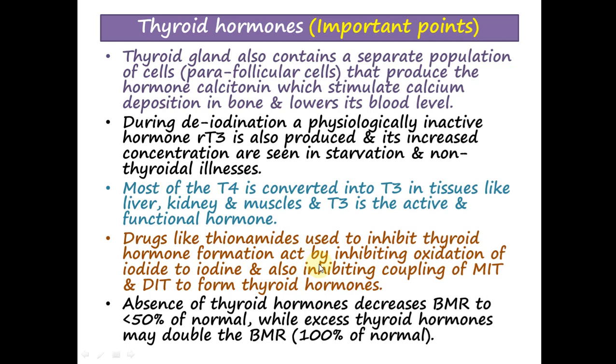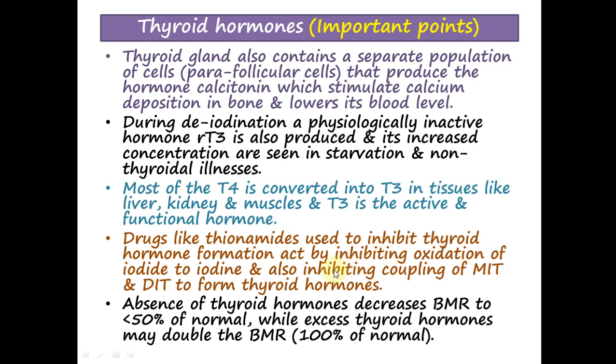As we know, oxidation of iodide to elemental iodine is important before it can unite with tyrosine. So the thionamides inhibit the oxidation of iodide to iodine, and in this way thyroid hormone synthesis is inhibited.